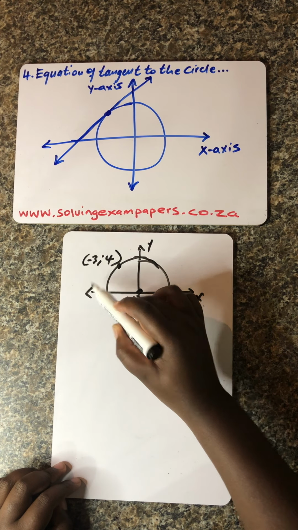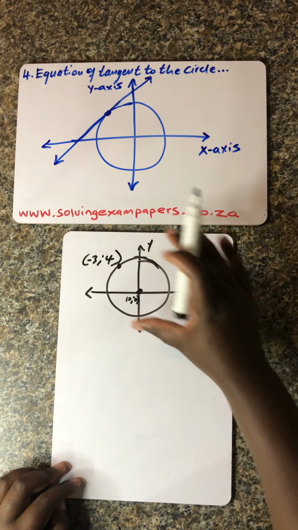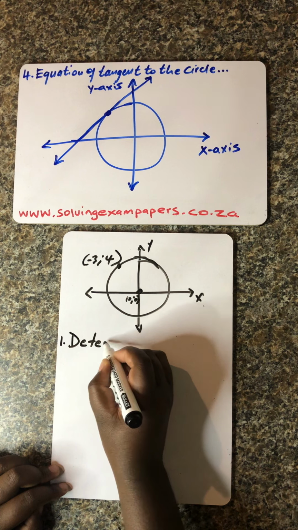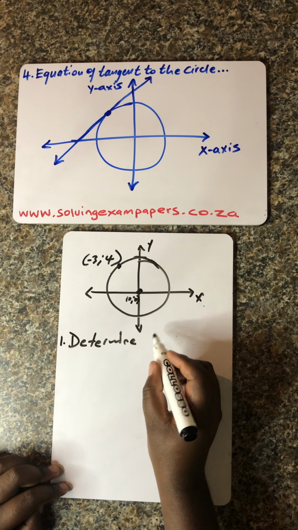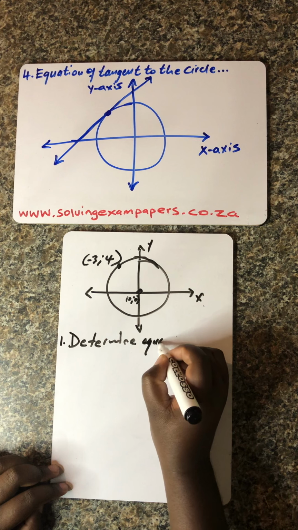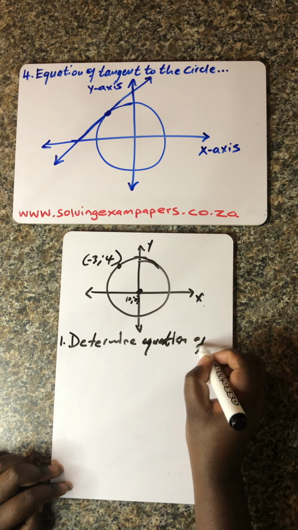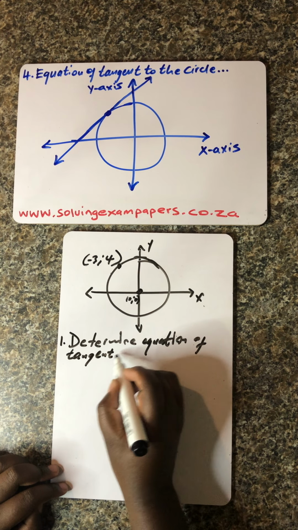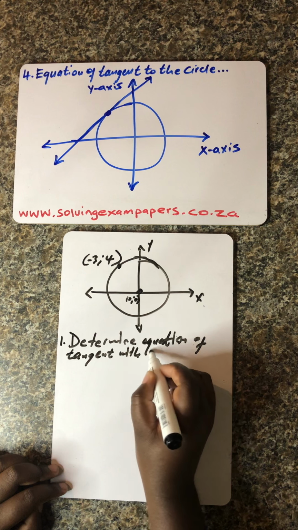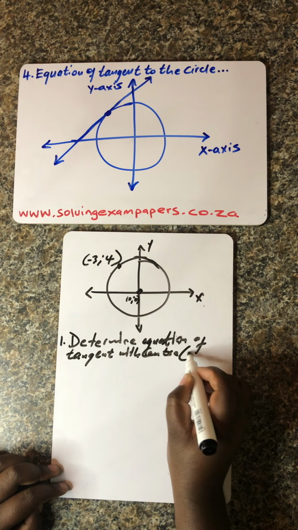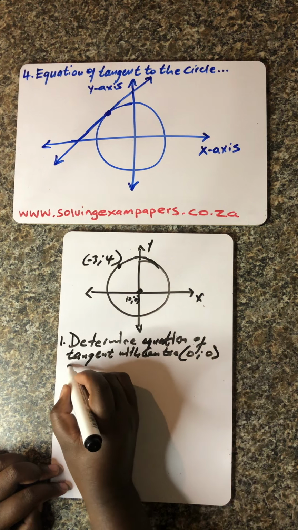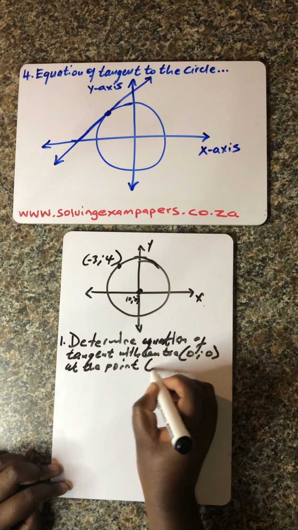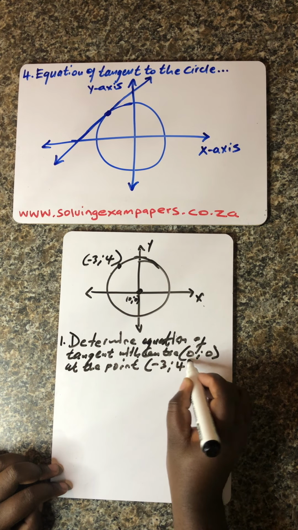So you don't need to be given this drawing, ladies and gentlemen. Let me just write down that question. Determine the equation of tangent with center 0, 0 at the point -3 and 4.